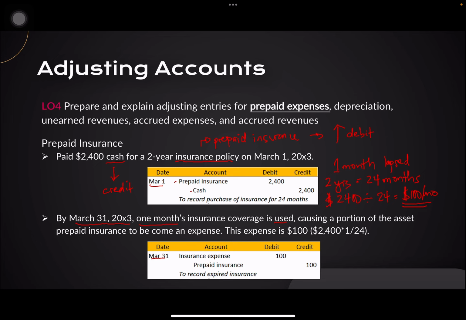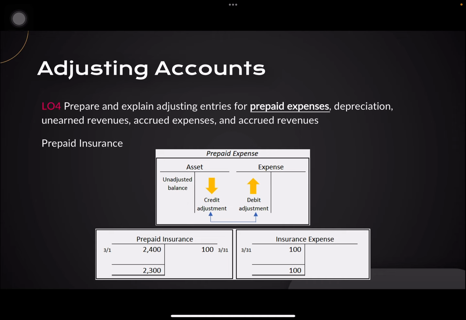In the next slide, you will see that you are maintaining 2 types of accounts: your prepaid insurance and your insurance expense. Let's focus first on the prepaid insurance. On March 1, you initially purchased the insurance policy for 2,400. That's why it's on the debit side.